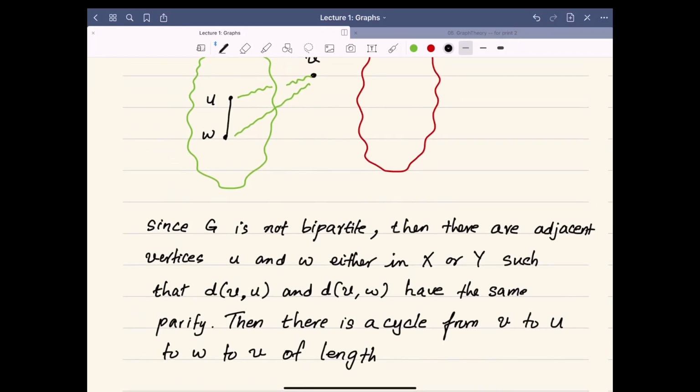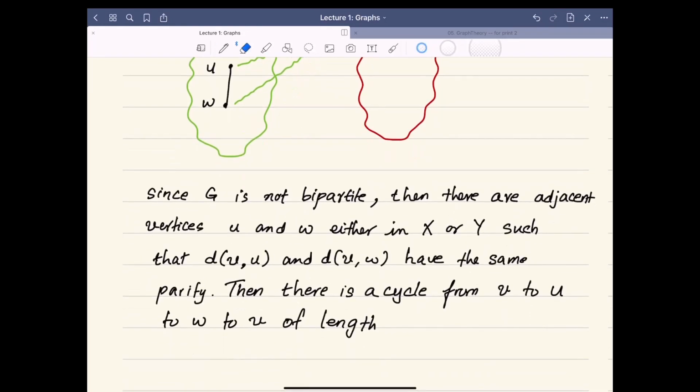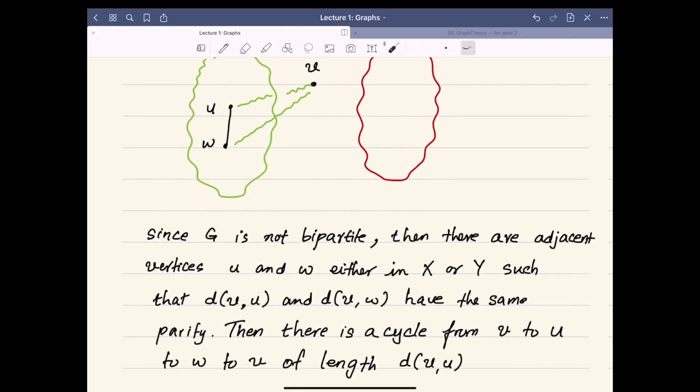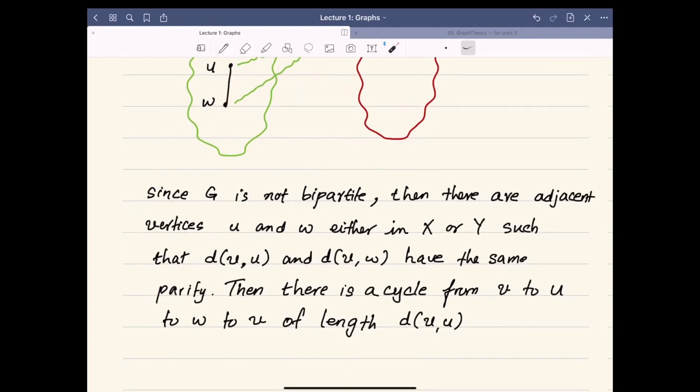We need to add the distance from V to U. And you need to add plus 1, as one edge is added with this distance, plus the distance from W to V. But this length is odd.